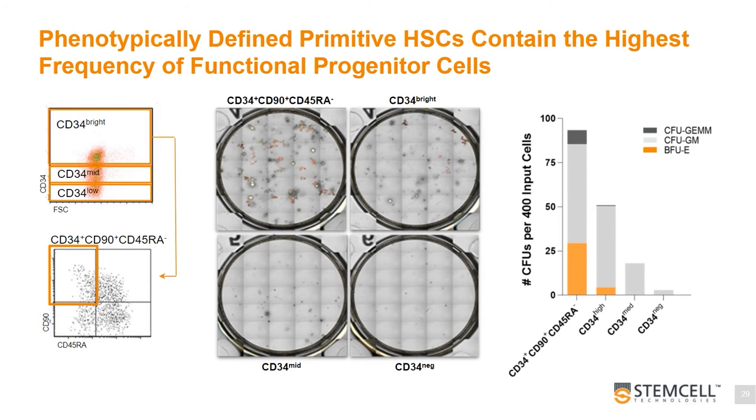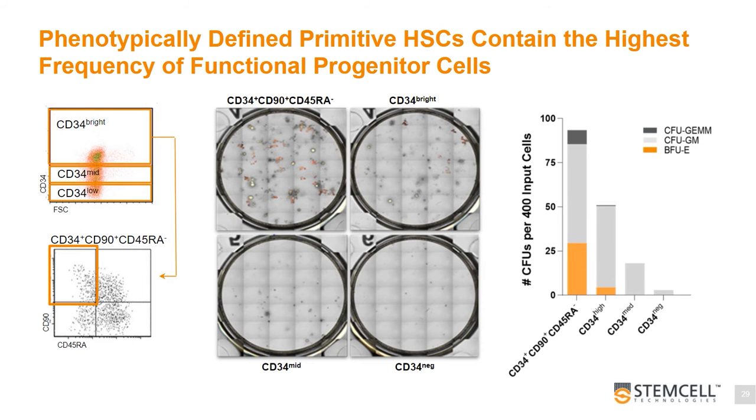From CD34 bright population, we sorted additionally on CD90 positive and CD45RA negative cells representing the primitive stem cell population.